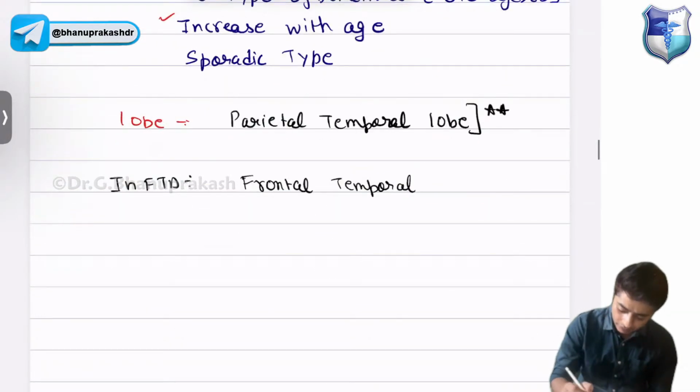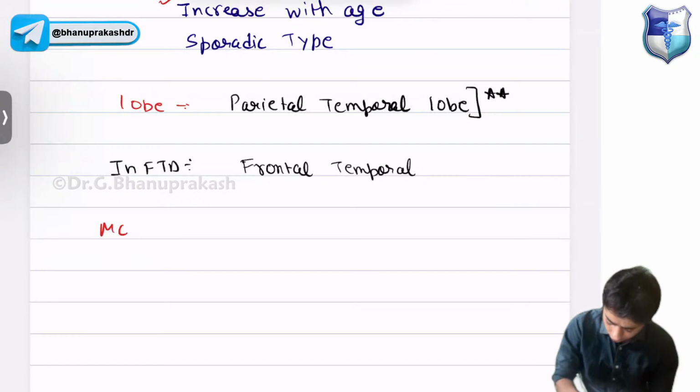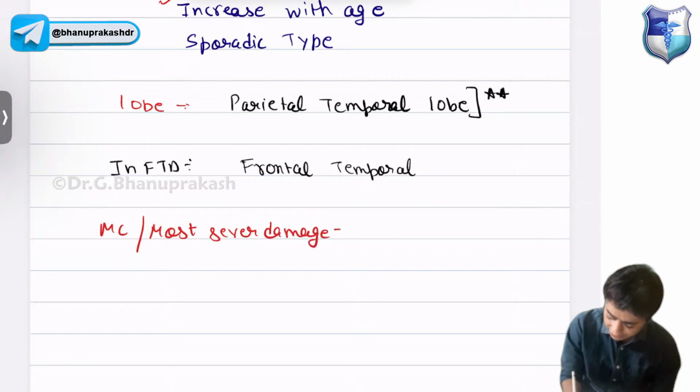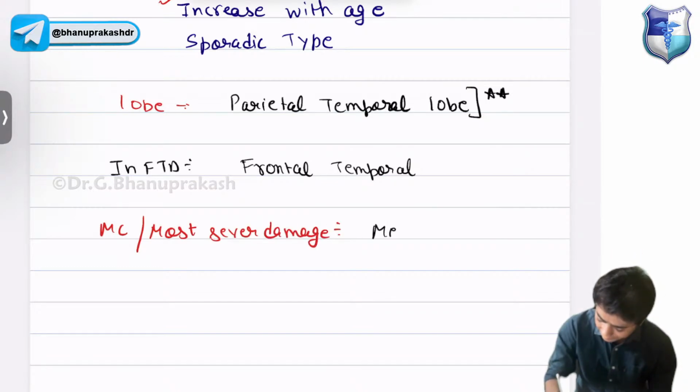And the most common, or we can say most severe damage, is in which part? It is in your medial temporal lobe.